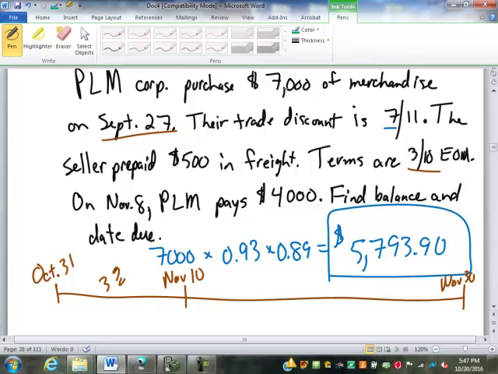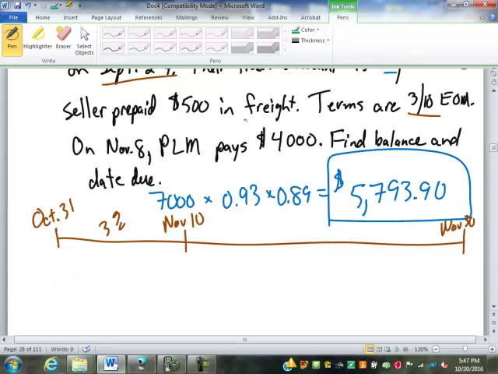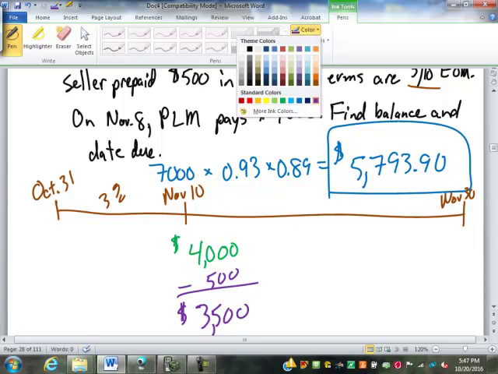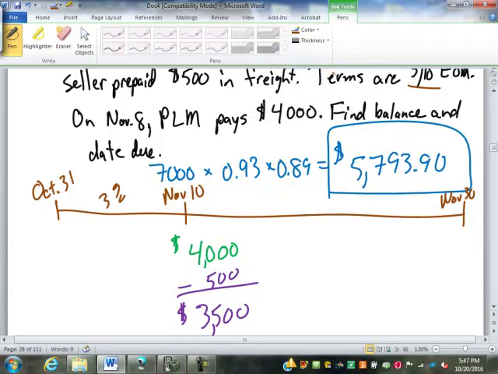So anyway, now we've got to make a partial payment. What's the first thing we're going to do with our $4,000? Subtract the $500 in freight. So the freight is paid off and the $3,500 gets applied towards the invoice. What's going to happen to that?